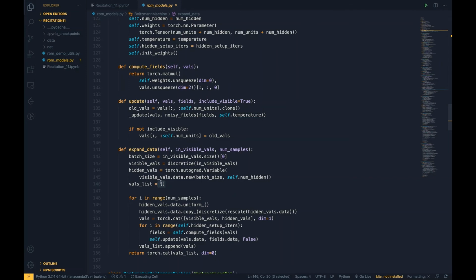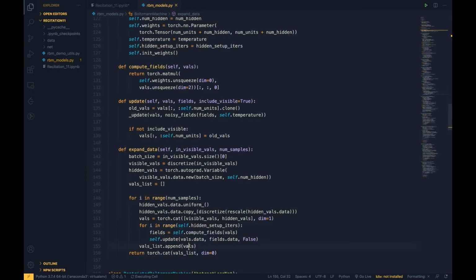So we will first start with random. We will first randomly initialize the hidden values and then let the network iterate for a few times and see what the hidden values end up being.